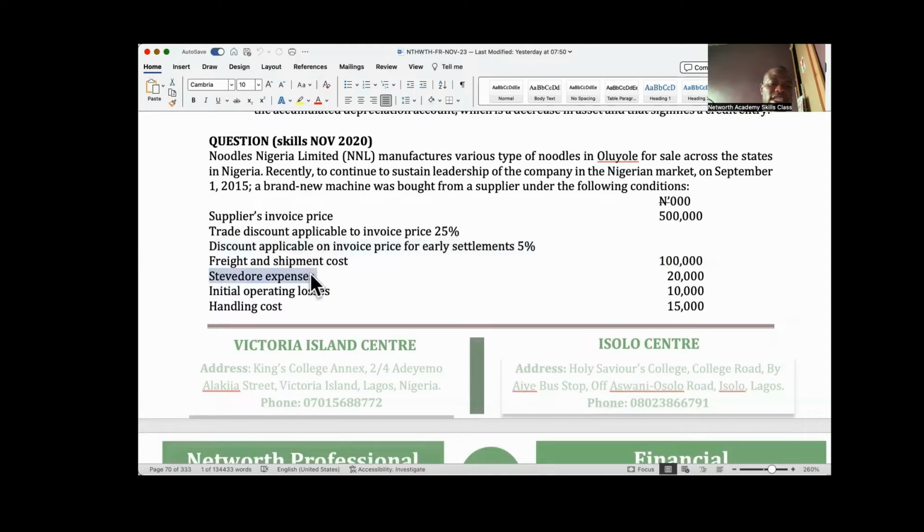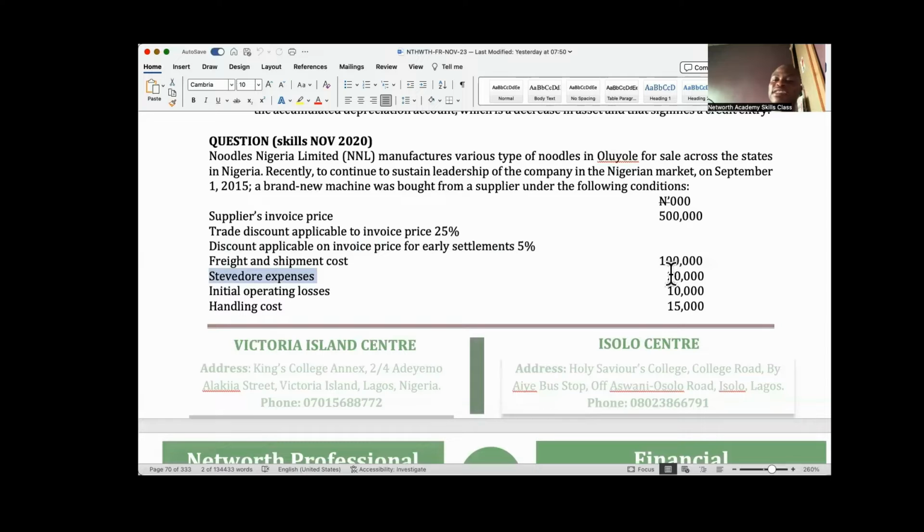What about stevedore expenses? Do you know what stevedore expenses is? Who knows what a stevedore expense is? You can Google it. It's the cost of loading and offloading. That is what Google said. Loading and offloading.